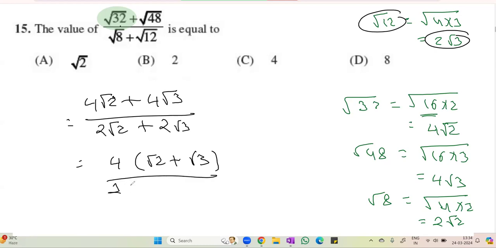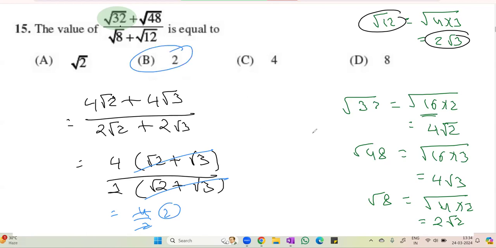Below, we can take 2 common, and we'll get root 2 plus root 3. Now you can see that this gets cancelled. Finally, we get 4 divided by 2, which can be simplified, and 4 over 2 is 2. So therefore, B is the correct option for this question.